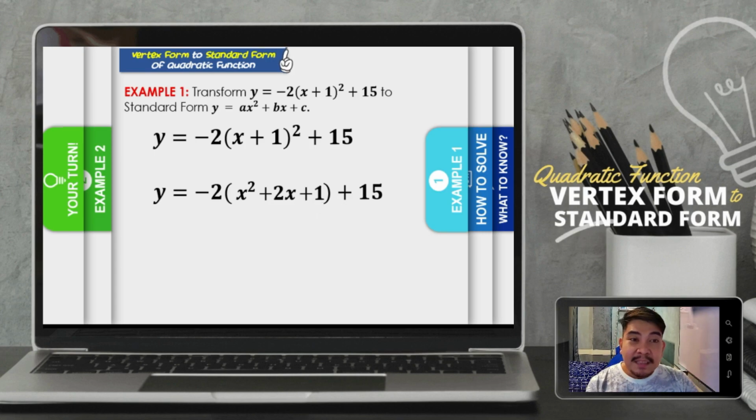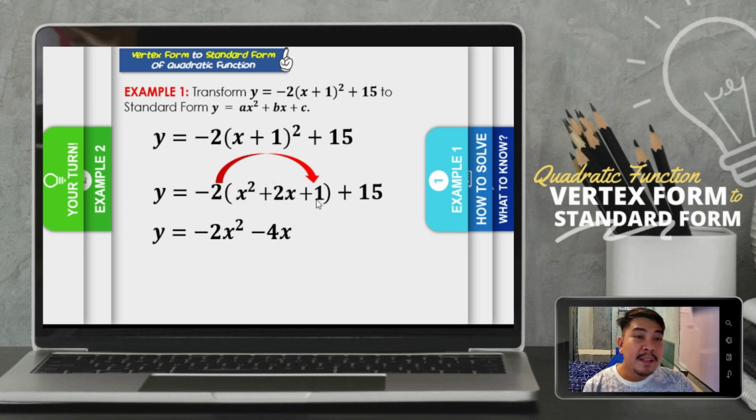Since we already expanded the square of this binomial, the next thing that we should do is to distribute the value of a. In this case, the value of a is negative 2. So negative 2 times x squared, the result will be negative 2x squared. Next, negative 2 times positive 2x will give us negative 4x. Then the last term, negative 2 times positive 1, the result will be negative 2, plus 15.